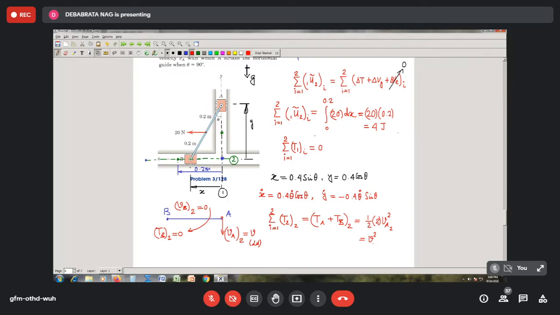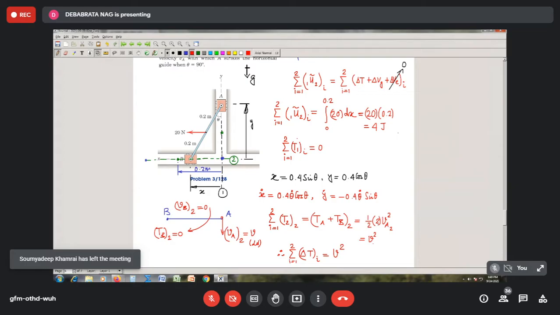So we can say that the summation, i from 1 to 2, of delta T i is equal to what? Because everything at 1 is 0 and I have only this term, this is basically equal to V squared, because half into 2 gets cancelled, and this is the only change in the kinetic energy term that we are getting. Why is it so?